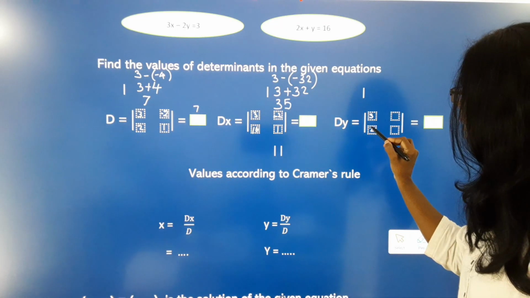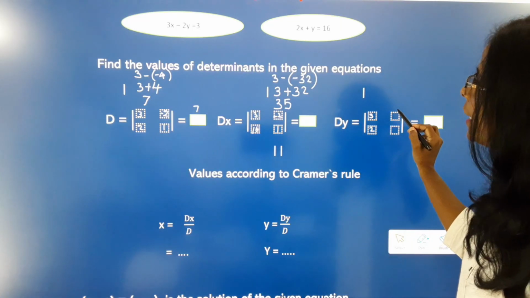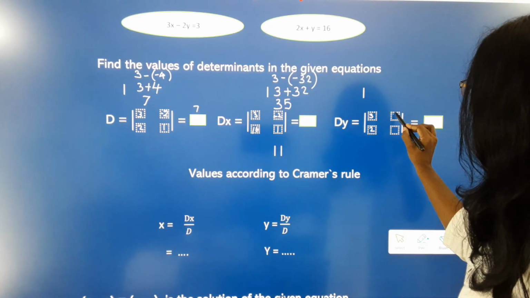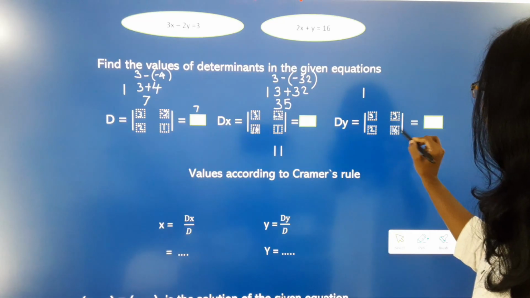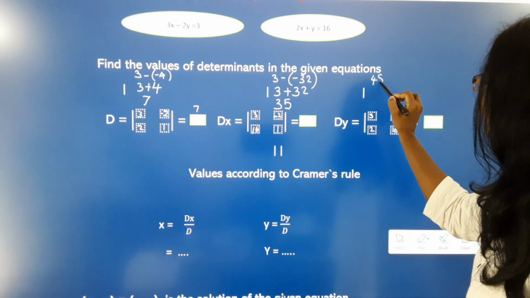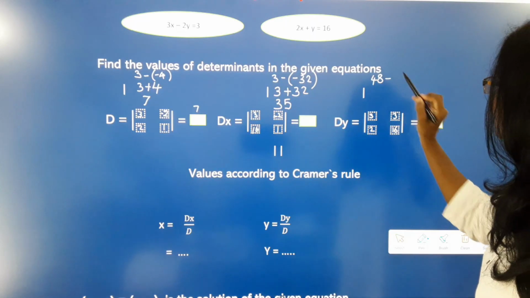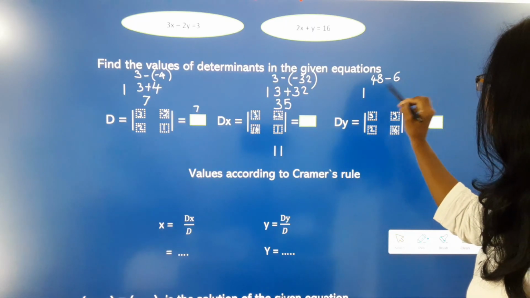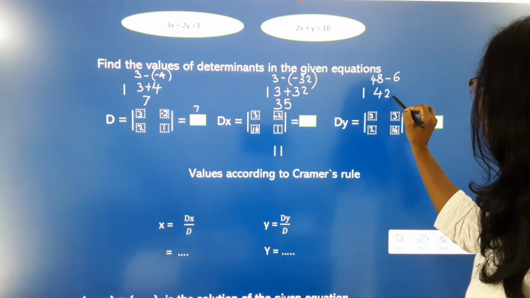And here, hiding the coefficient of y, write down the constants, 3, 16. So here, students, 16 threes are 48, and then minus 3 twos are 6. So that means 42.